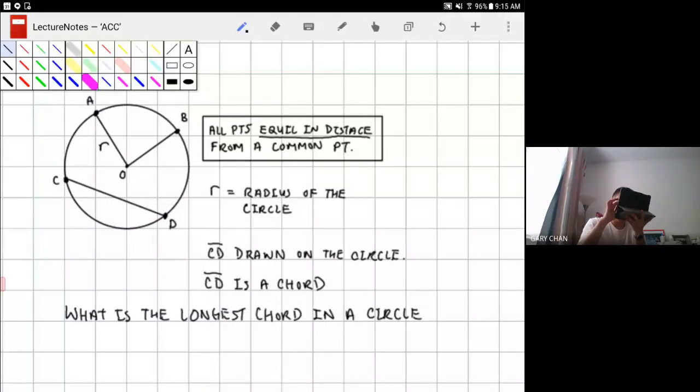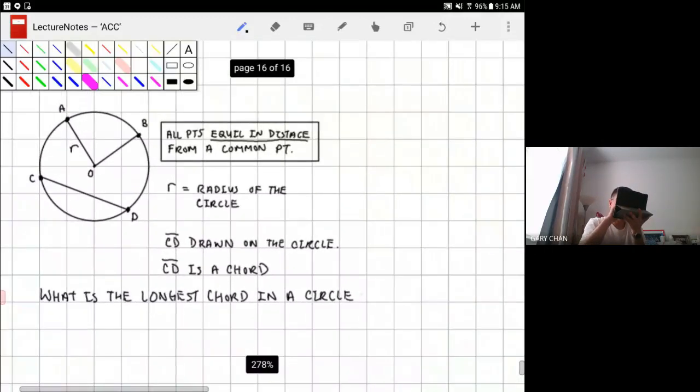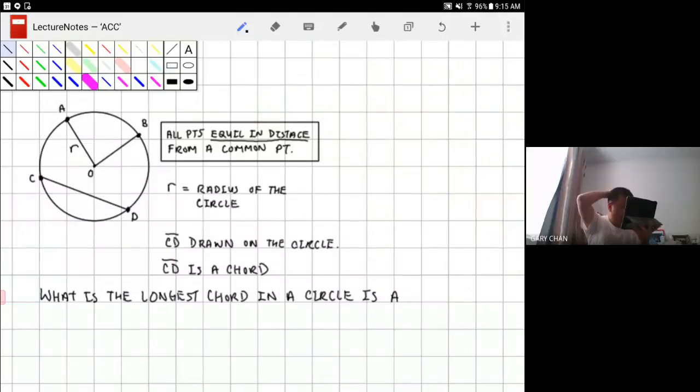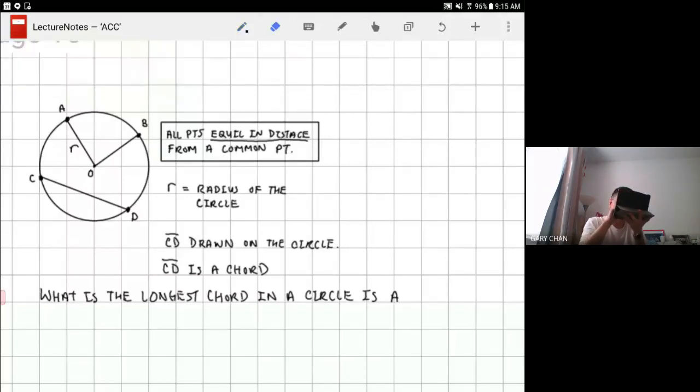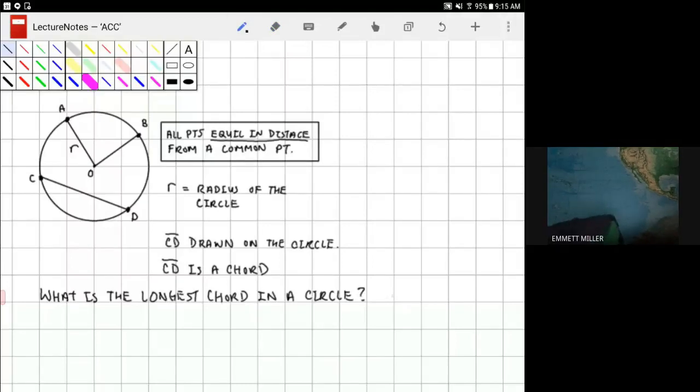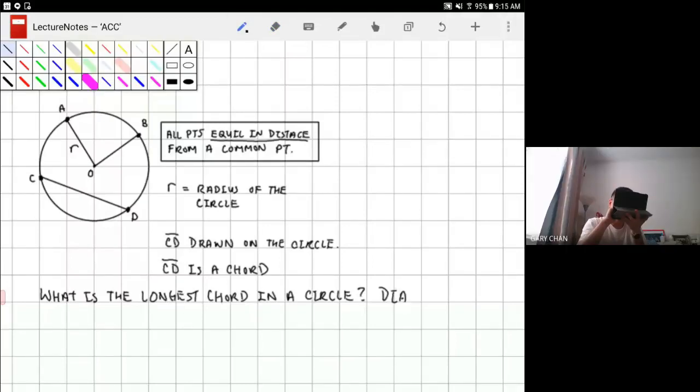Does everyone agree or disagree with Emmett's statement? Kira, do you agree? Yeah. Right? So the longest chord in a circle is a diameter.